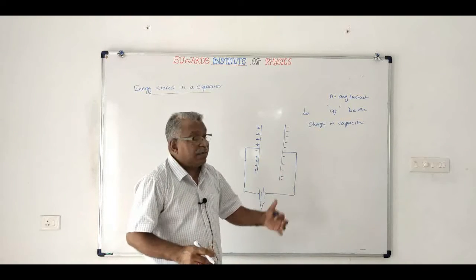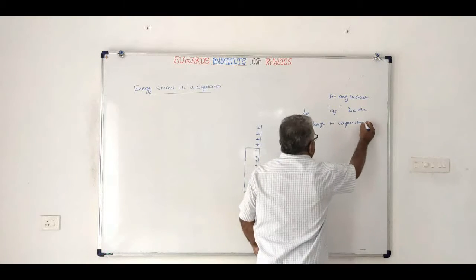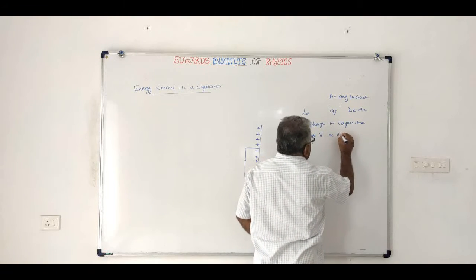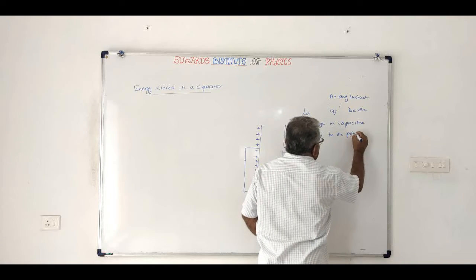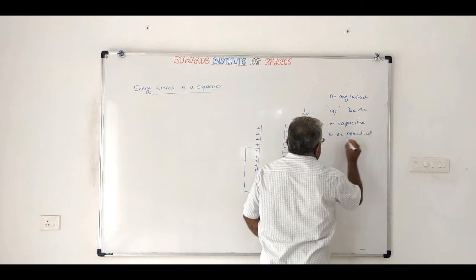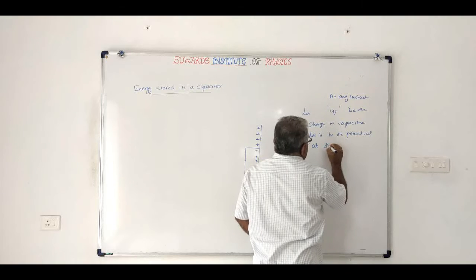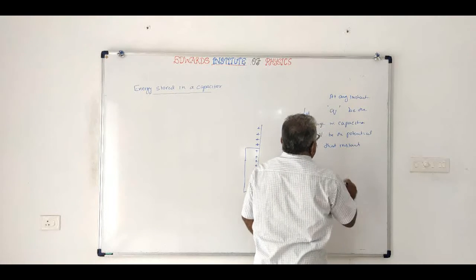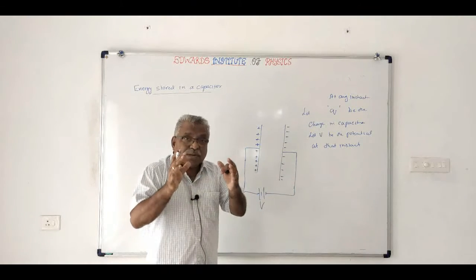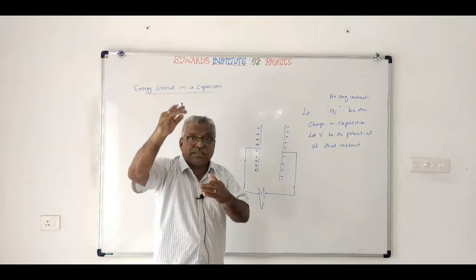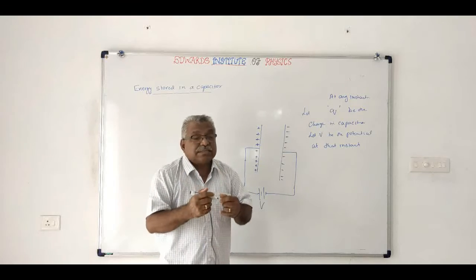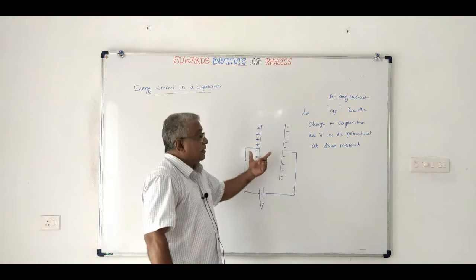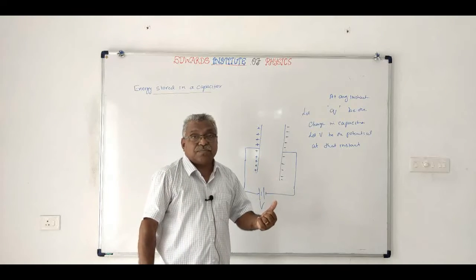Let V be the potential at that instant. So at a particular instant, the process of charging is going on. At that instant, I am imagining that Q is the charge in it and V is the potential. Okay.